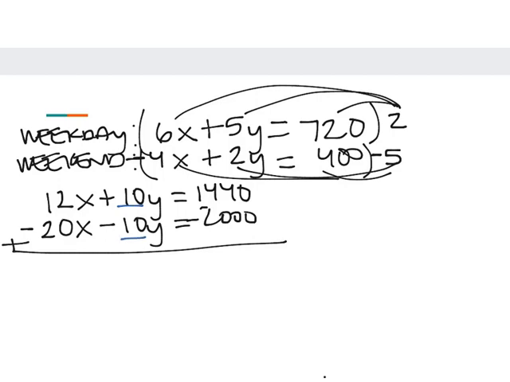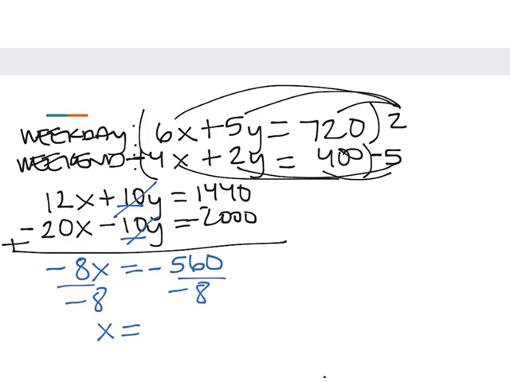I have 12x minus 20x, which leaves me with negative 8x. The y terms cancel out, and I am left with negative 560. Then we divide by negative 8 to get x by itself. A negative divided by a negative is a positive, so now I have a positive 70.